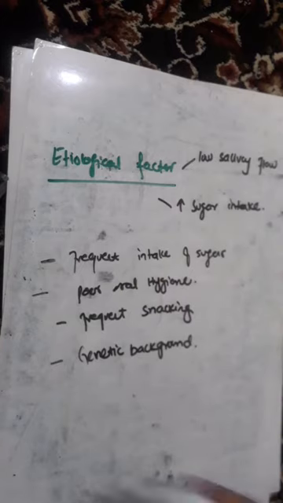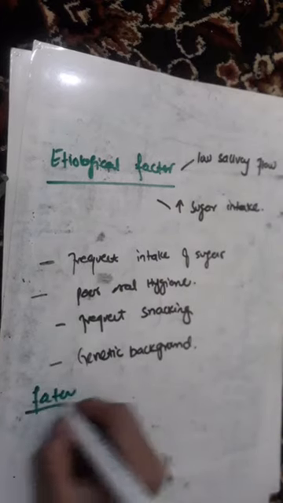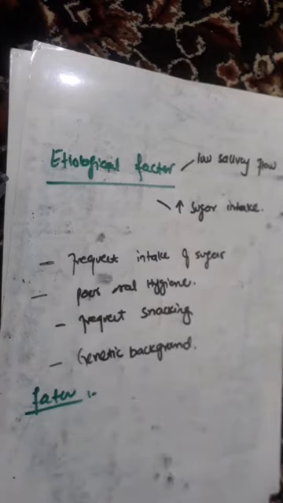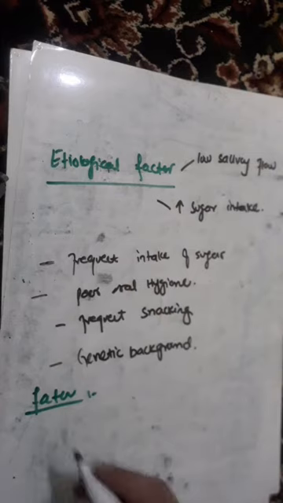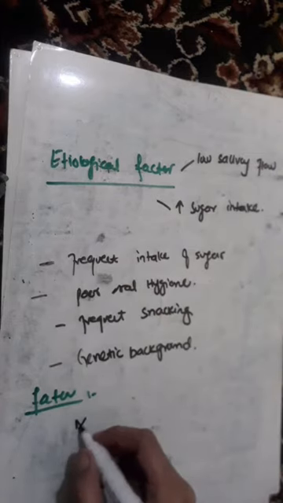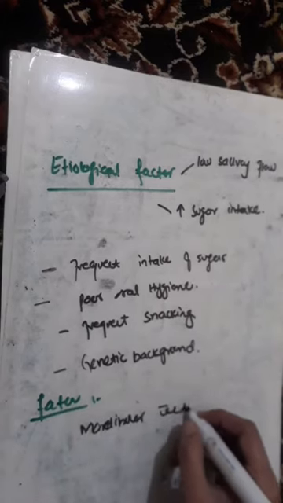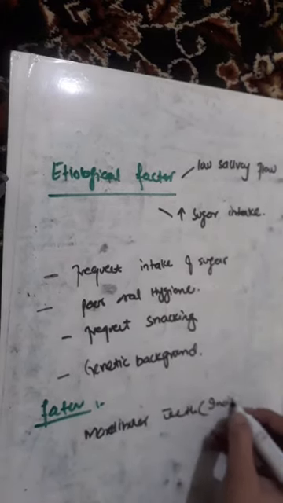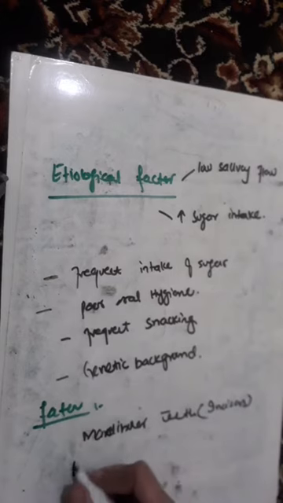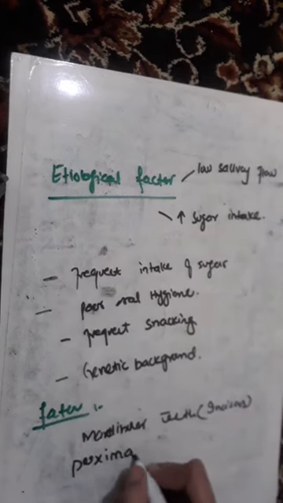Then moving toward the specific features. What are the features of rampant caries? The features involve the proximal surface of mandibular incisors. In rampant caries, mandibular teeth are involved, which are incisors, and to be specific, the proximal surface of incisors is mostly involved.